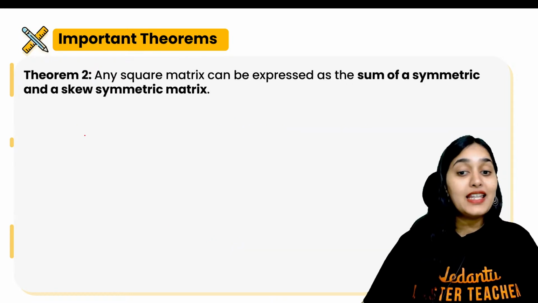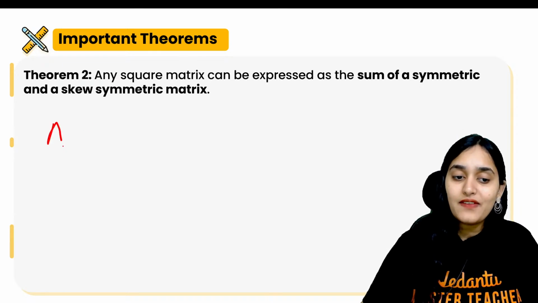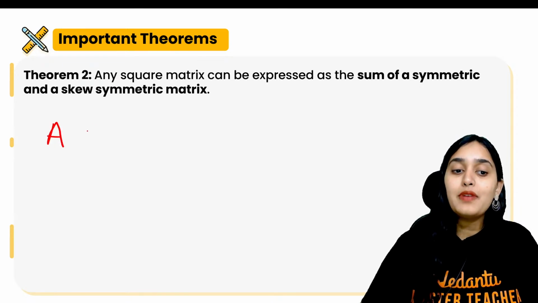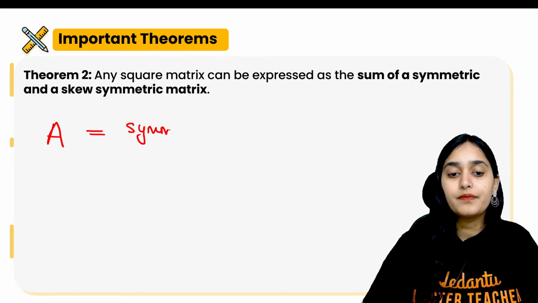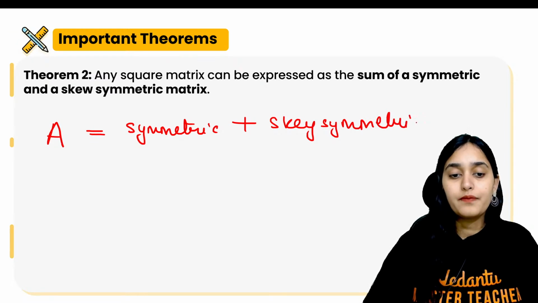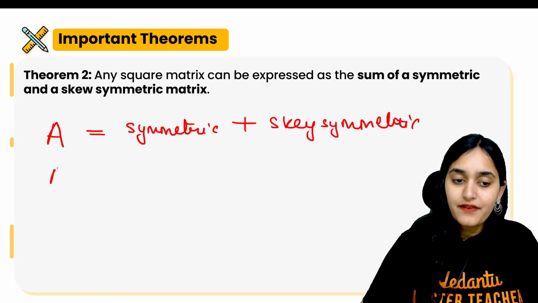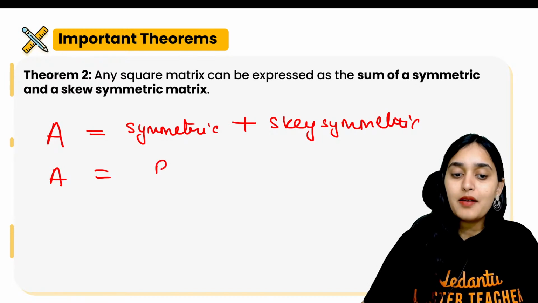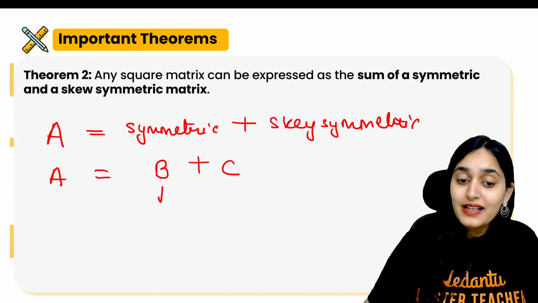Alright. The second theorem says that any given matrix can be expressed as the sum of a symmetric and a skew symmetric matrix. So any given matrix can be written as a B matrix plus a C matrix. Now what is this B matrix?